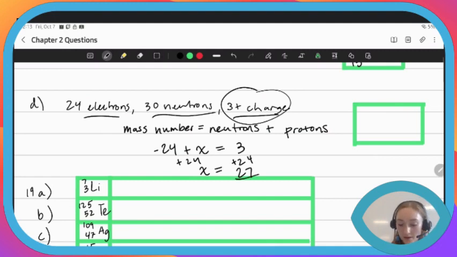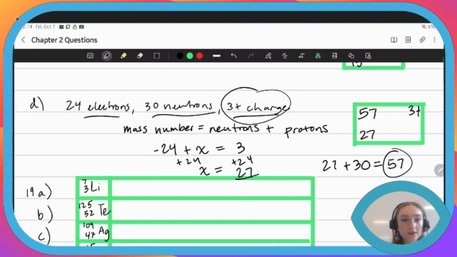So that will be our atomic number, on the bottom left. And our mass number, since we have 27 protons and 30 neutrons, 27 plus 30 equals 57. So we have a mass number of 57, so that goes on the top left. And since we have a 3 plus charge, that goes on the top right.